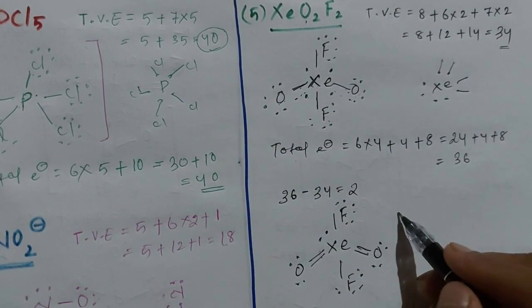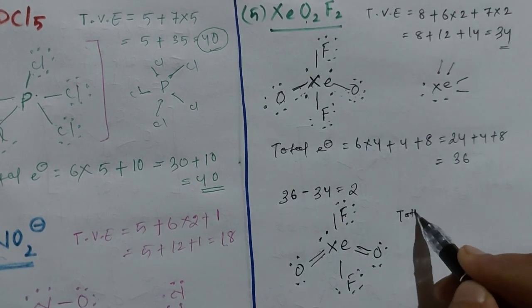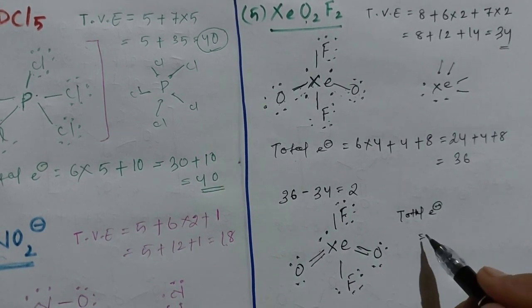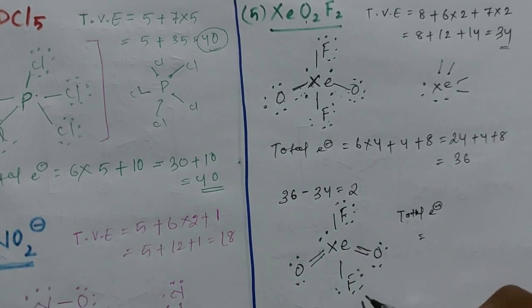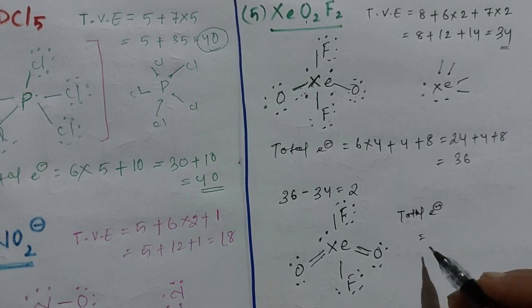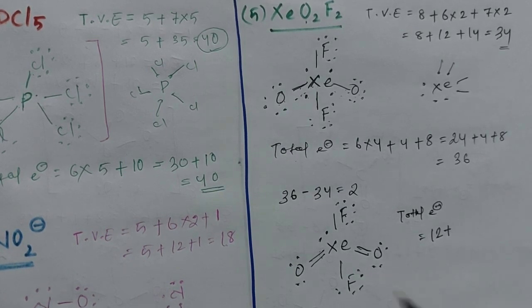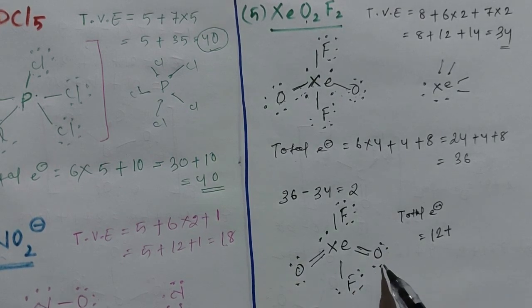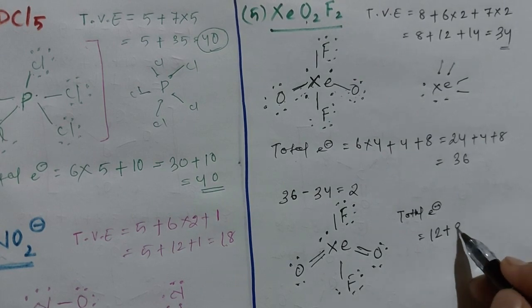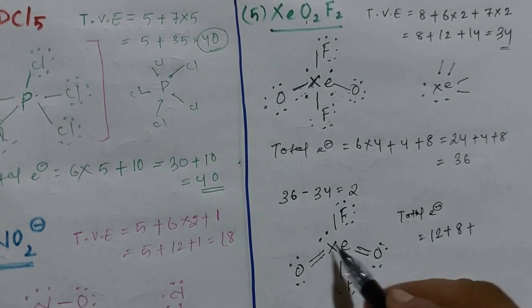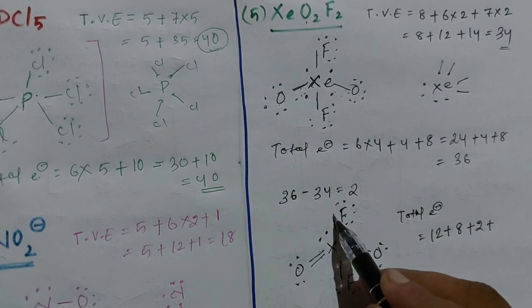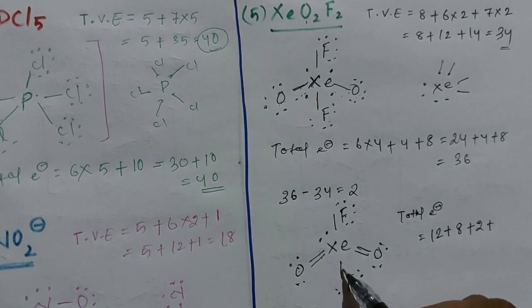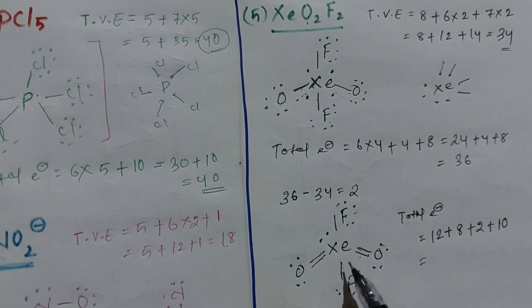Now we will calculate the total electrons. That is equal to fluorine has 1 2 3 4 5 6 non-bonded electrons. This fluorine also has 6 non-bonded electrons. So 6 plus 6, that is 12, plus this oxygen has 2 plus 2, 4, and this is also 2 plus 2, that is 4. So the total is 8, plus this xenon has 2 non-bonded electrons, plus how many bonded electrons? 2, here 4, here 2, here 4. 10 plus 2, that is 12.